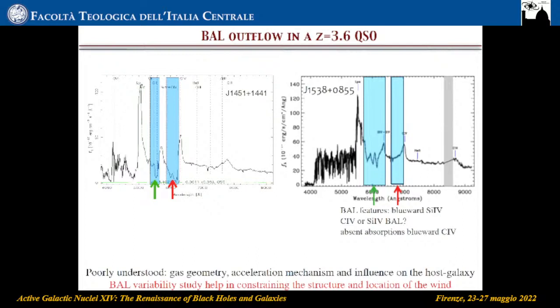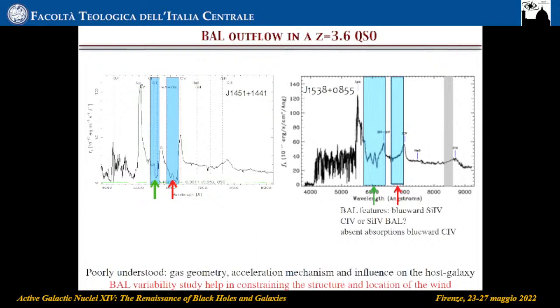This implied that actually these absorptions are not due to the silicon-4 ions, but are actually ultrafast ions from the carbon-4. And the geometry, the acceleration mechanism, and also the impact of these outflows are actually poorly constrained. So, oops.